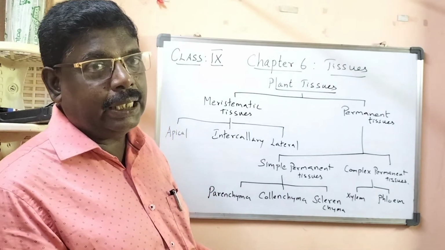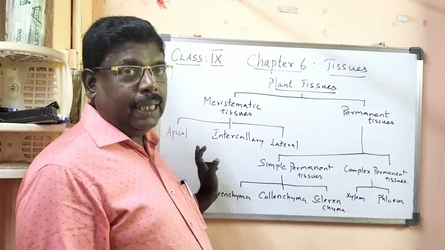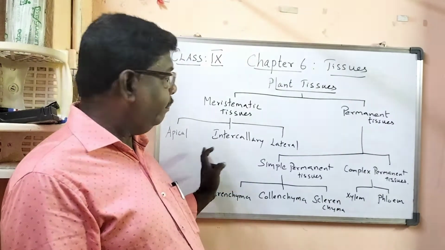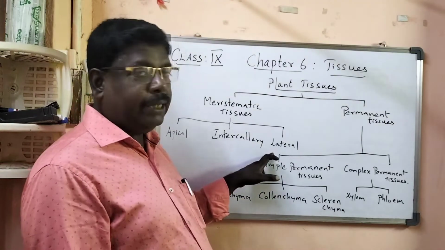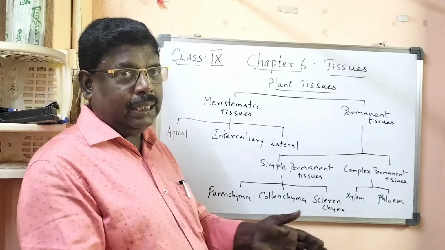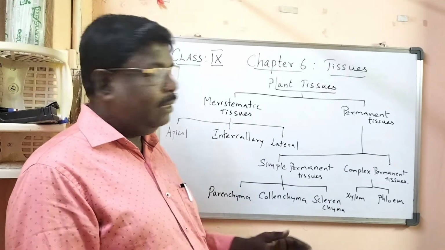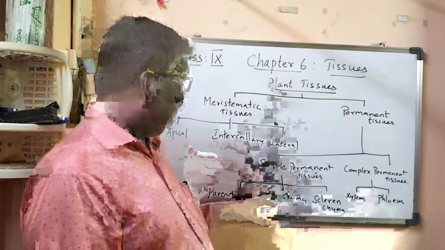So apical is at the stem tip and root tip, intercalary at the nodes and internodes, and lateral on the sides of the stem, increasing the girth, found between the xylem and phloem.